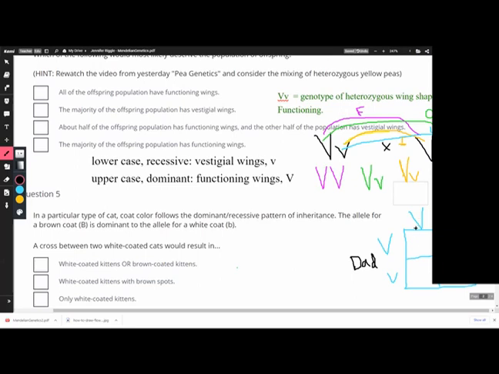So in this first box, I get a capital V and a capital V. In the next box, if I go straight down, I'm going to bring that capital V, and then I'm going to bring in this lowercase v. In this box over here, I'm going to have the lowercase v and a capital V. Then I'm going to have a lowercase v and a lowercase v.